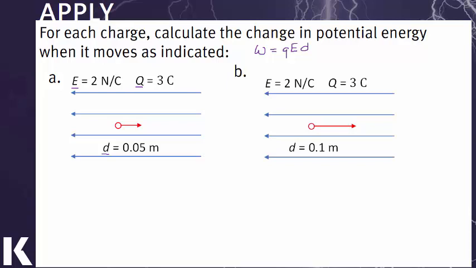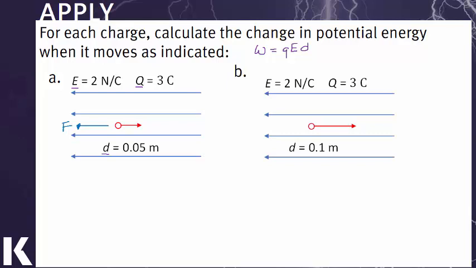Now in part A, we have a charge of 3 coulombs. That would be a positive 3 coulombs. And remember, if I have a positive charge, the electric field points in the same direction as the force. So here our electric force would be pointing to the left.